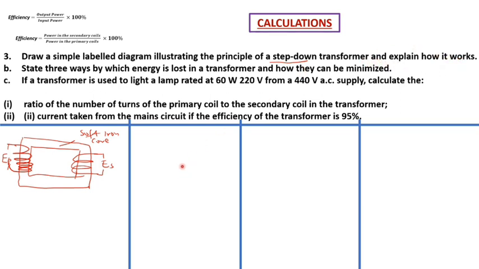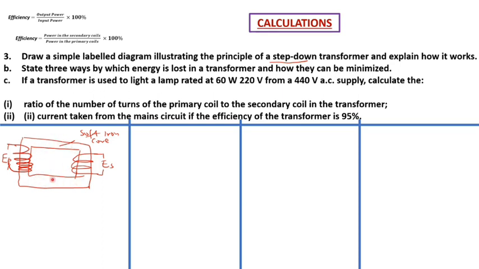Basically, how it works is that we have a higher number of turns in the primary circuit than the secondary circuit. When an alternating current is applied at the primary coil or circuit, an alternating or changing EMF is produced in the soft iron core of the transformer.